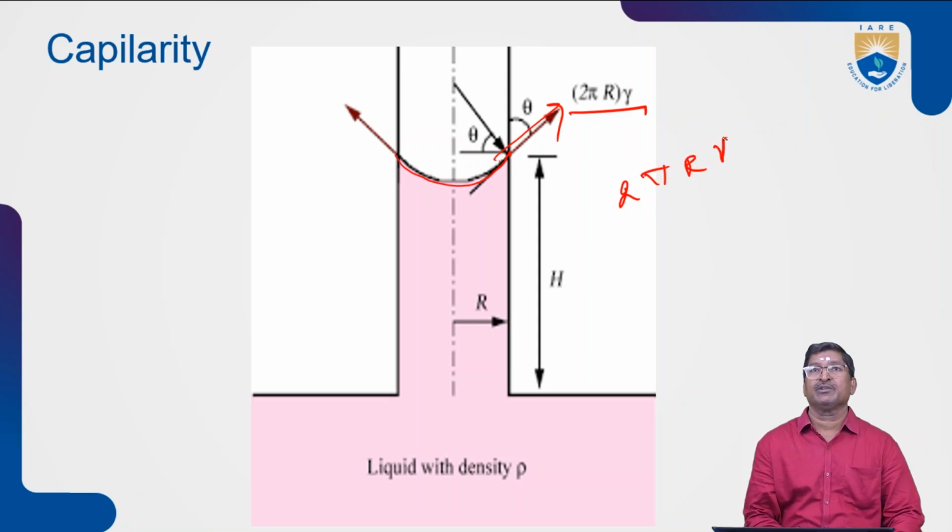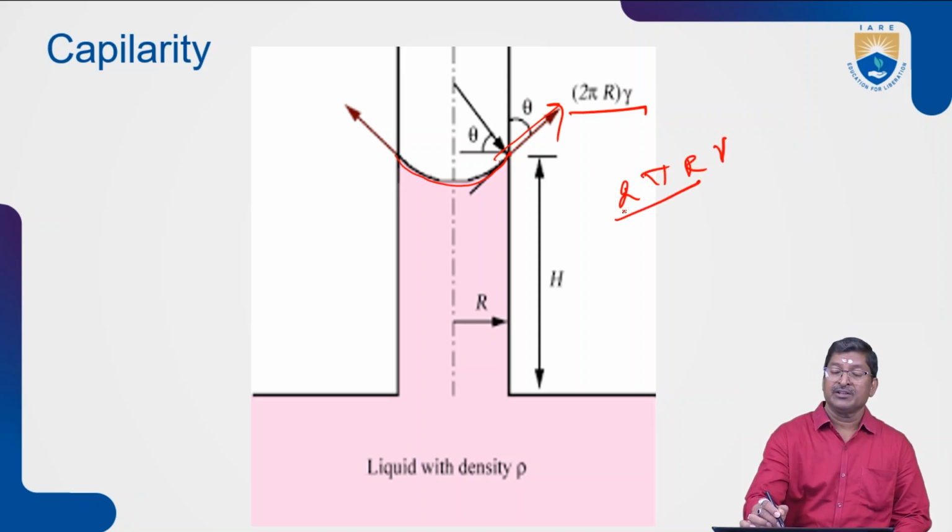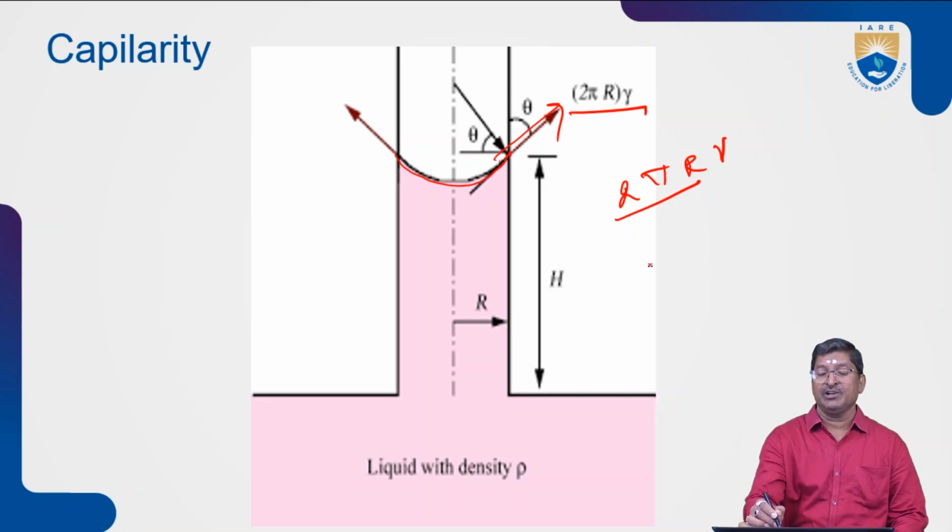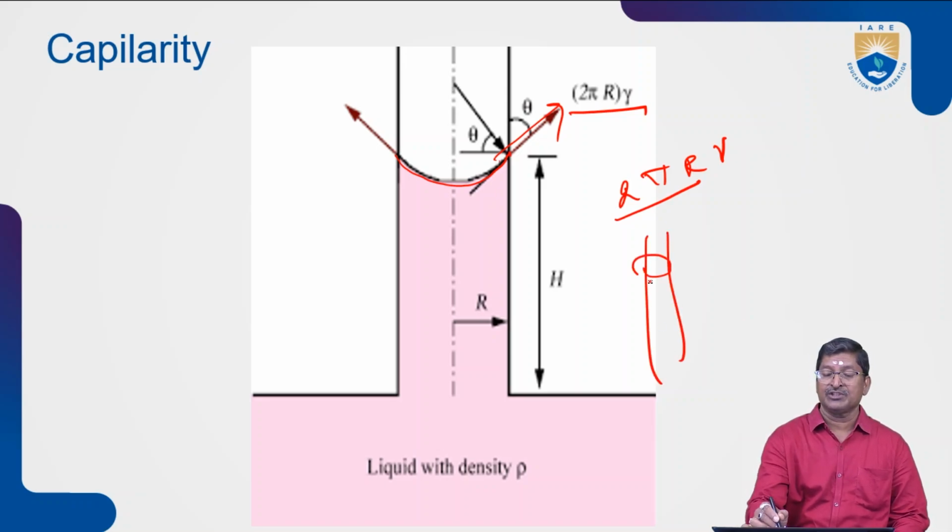So what does this 2 pi r mean? It is nothing but the perimeter of the smaller tube, smaller diameter. This is the perimeter, because this force is acting at all the points of the outer surface of this perimeter. So that's why the force is 2 pi r gamma or pi d into gamma.